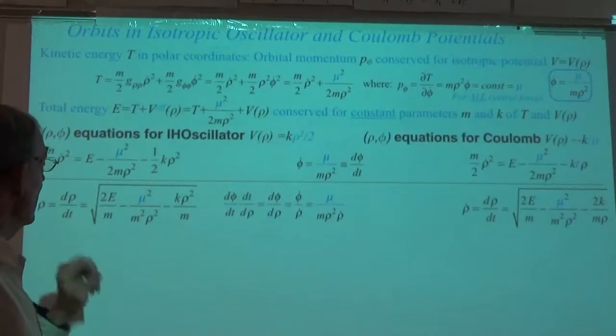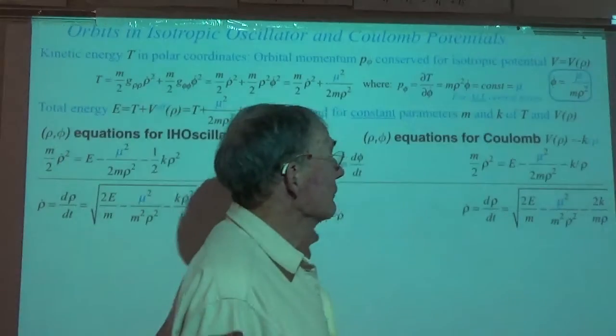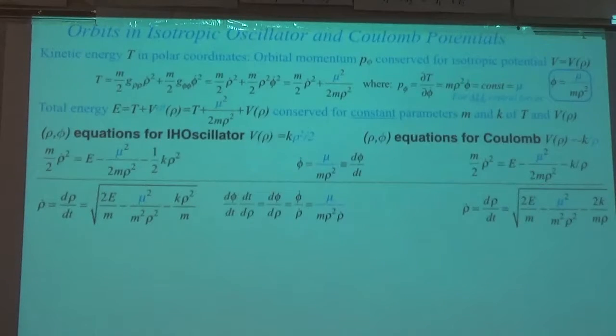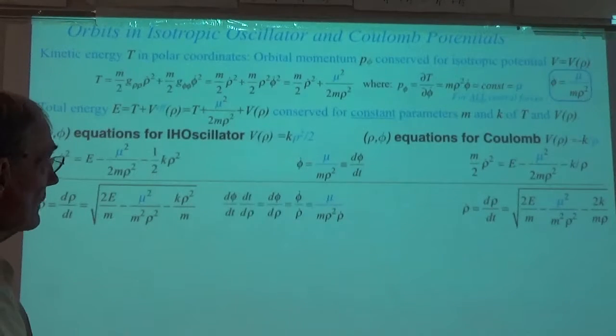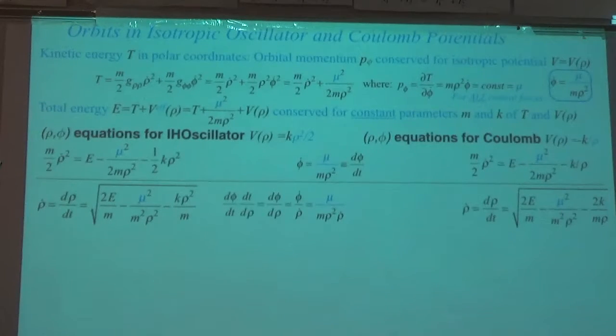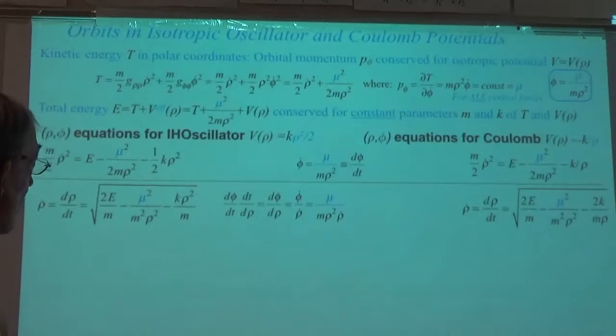And here's the story for the oscillator, and here's the story for the Coulomb. Now you can go and check yourself with some of this, and that will happen in a little bit, but that K to E thing is going to re-emerge for a few more steps here.